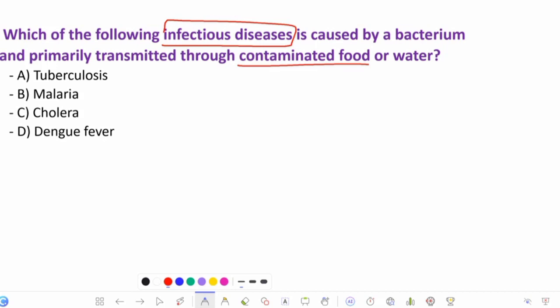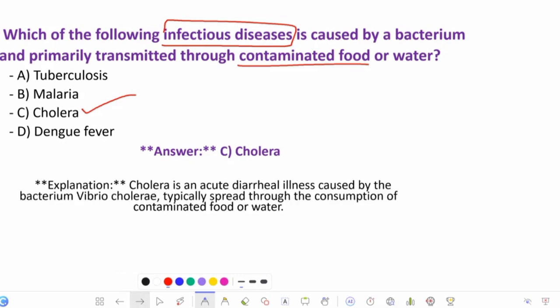It is cholera, an infectious disease caused by a bacteria but spread by contaminated food and water. It is basically a diarrheal condition, where the patient faces loose motion.